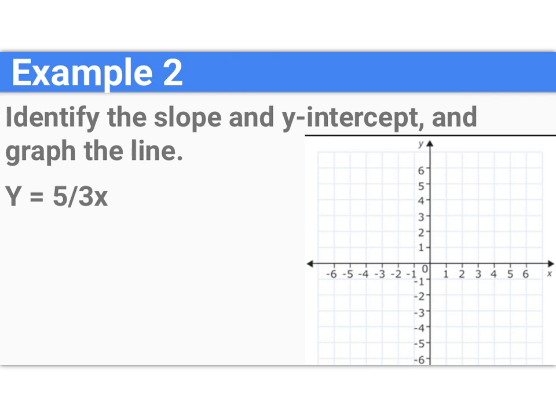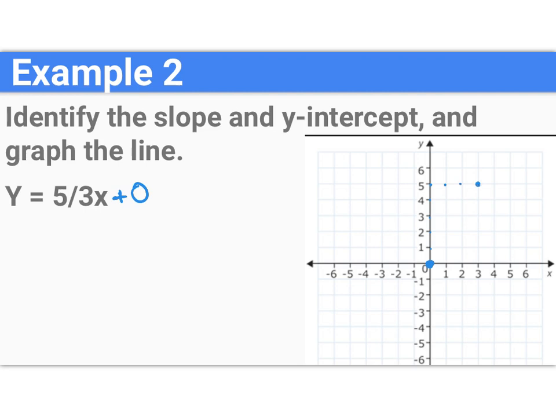Okay, for our next example, identify the slope and y-intercept and graph the line. So there's no b, so that means plus 0. So that means this line goes through the origin, and we go up 5. 1, 2, 3, 4, 5, and over 3. 1, 2, 3.